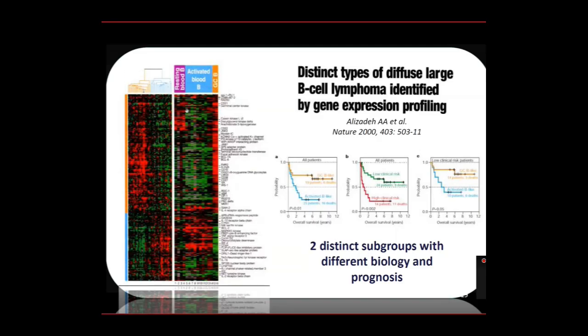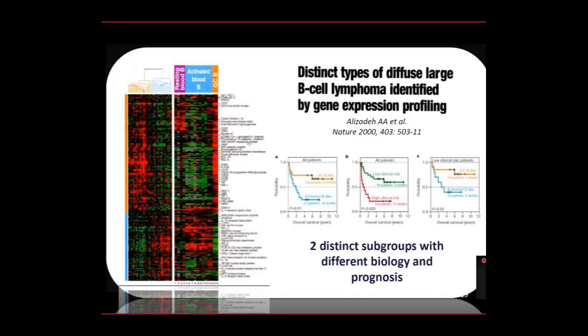And this group would define germinal center B-like. On the other hand, in another group, you can see no genes of the germinal center were expressed, but a series of genes that initially were recognized as genes expressed by activated peripheral blood B cells, and so the group was defined as the activated B cell, ABC-like group.